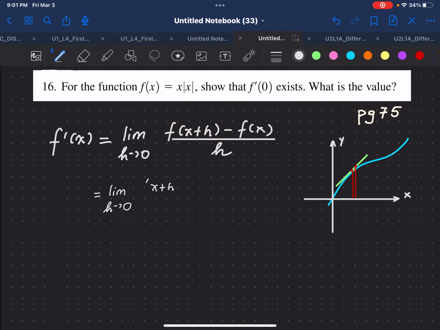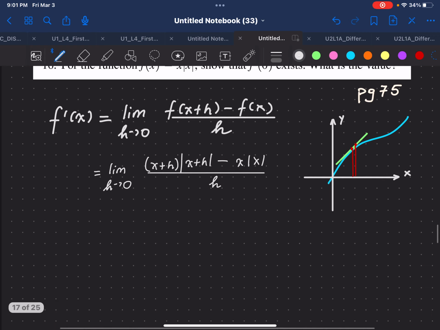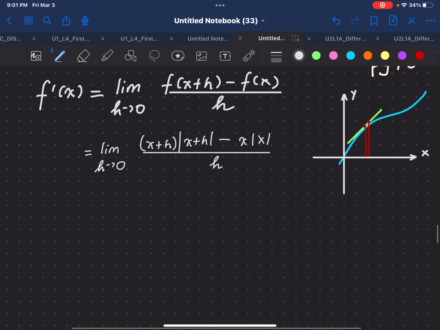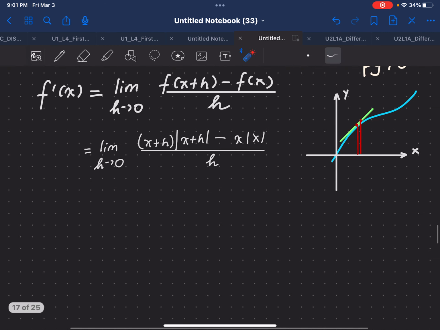We want to keep this in brackets because it's a binomial, so the entire thing is multiplying the absolute value of x, which again will be replaced by x plus h here. And then minus f of x is simply x absolute value of x, and this will be divided by h. As you can see, we cannot directly substitute h by 0, not yet. We save that as our last step.